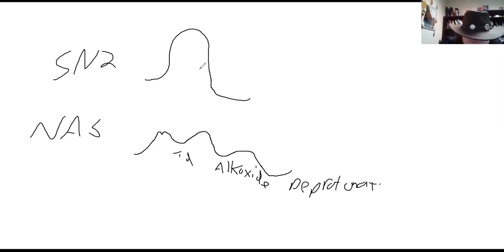So there's our addition, there's our loss, and there's our final deprotonation step in all these guys. So if I was just trying to kick them out in one step, too high energy. But if I'm kicking out by making this a 3-step mechanism, it's going to be a lot easier to do.